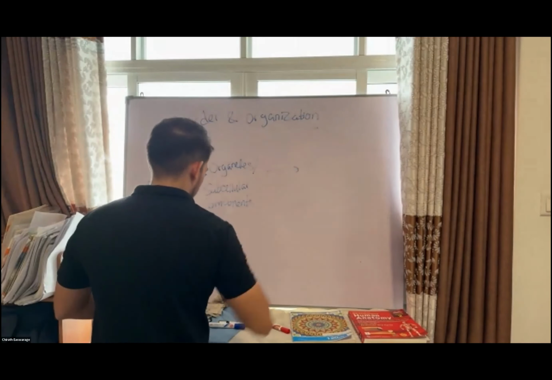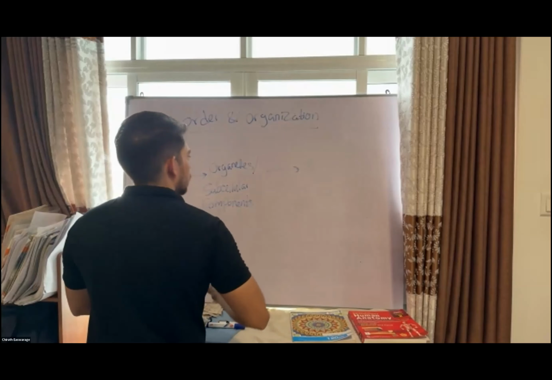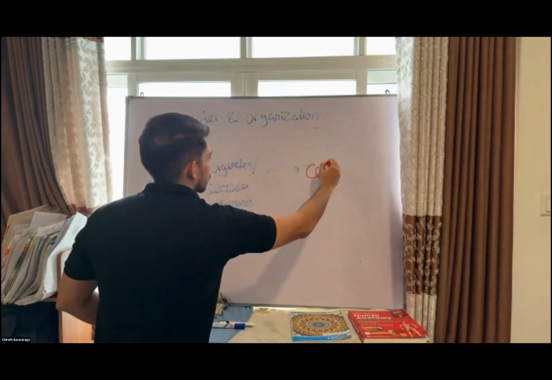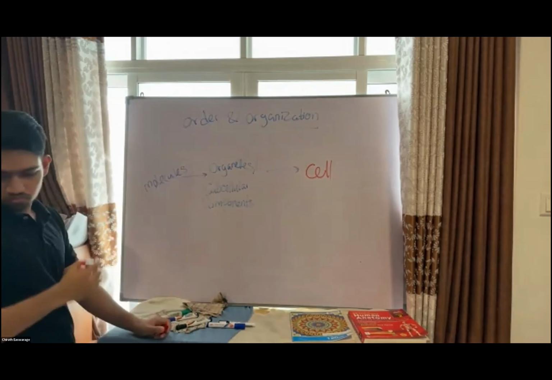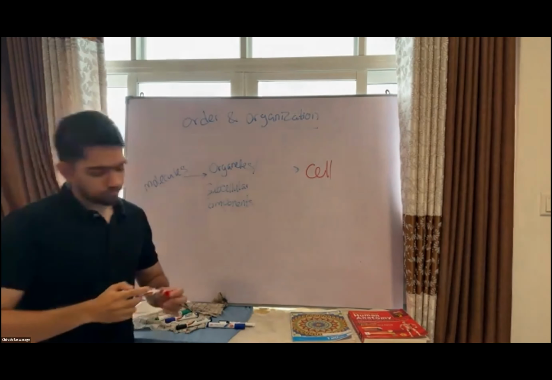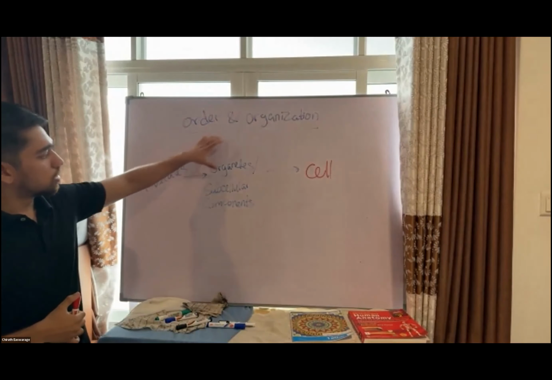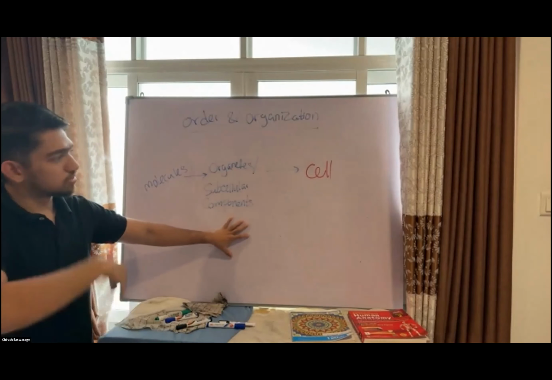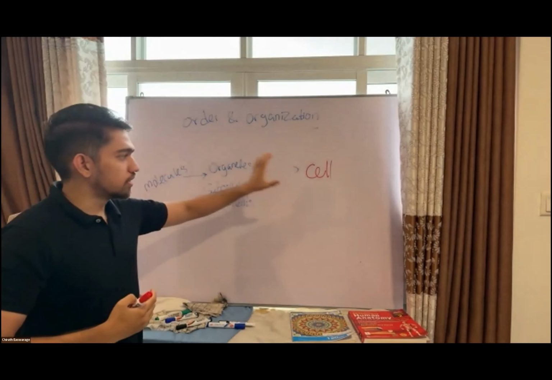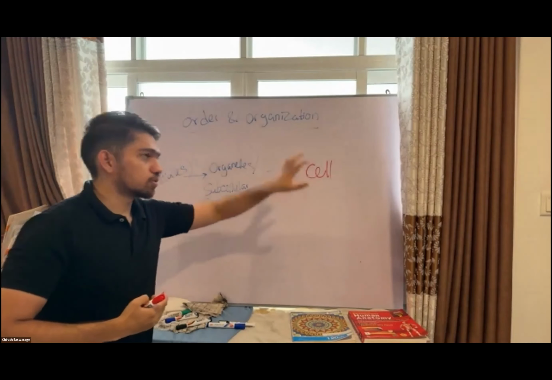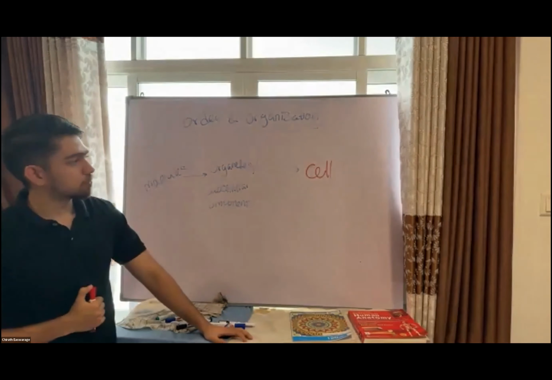We are finally arriving at the level that we can call as a living organism, that is cell, right? So we talked about the molecules. Now we are going to talk about the subcellular particles in the next step, because in the end, what are we going to study? We're going to study cells, right?